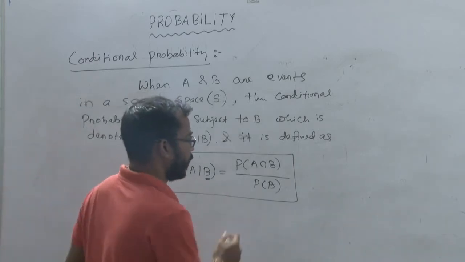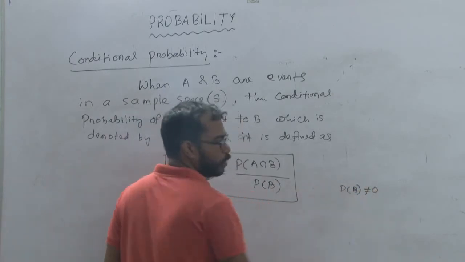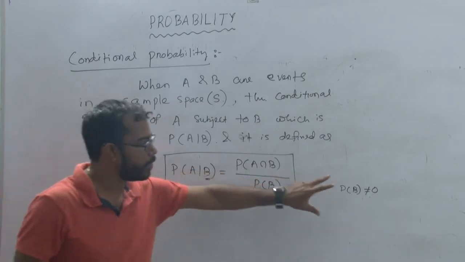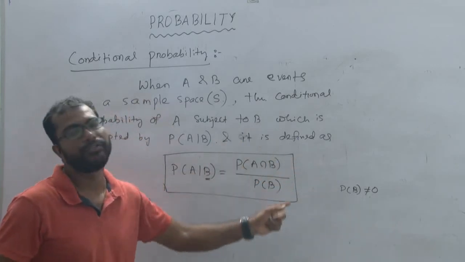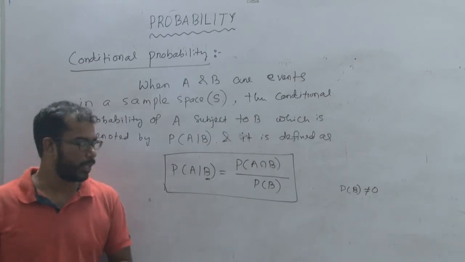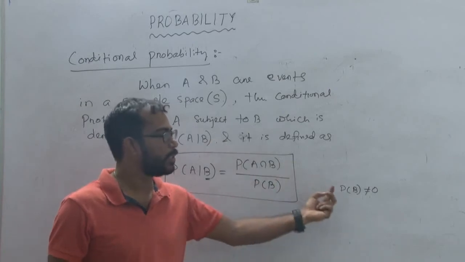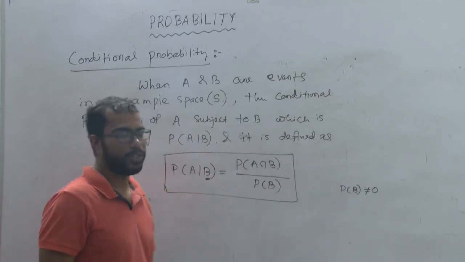But here is the condition that probability of B is not equal to 0. If the value is 0, then we cannot define the conditional probability of A subject to B. So the denominator cannot be equal to 0.